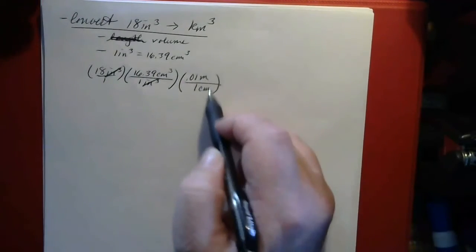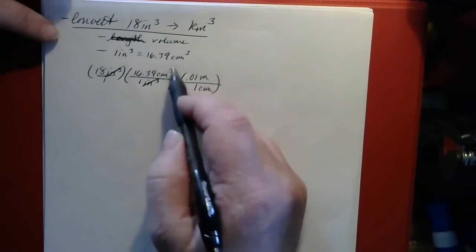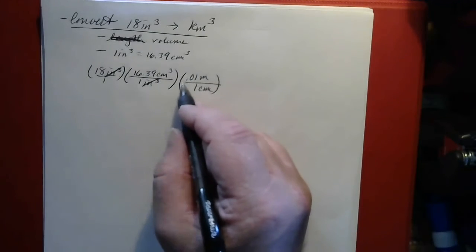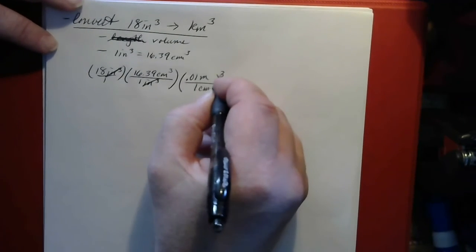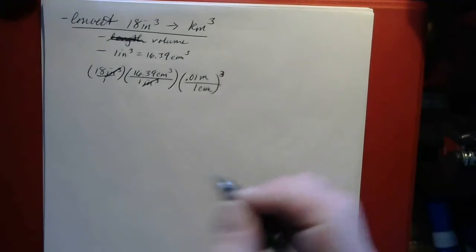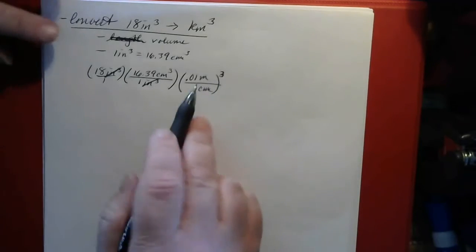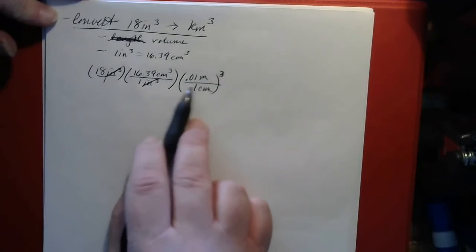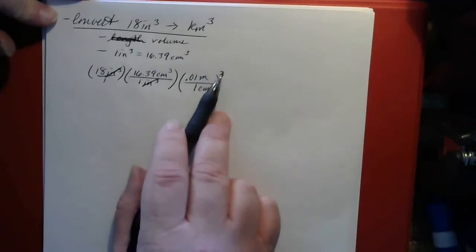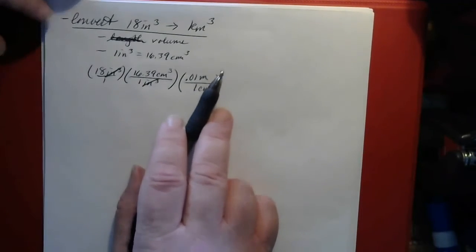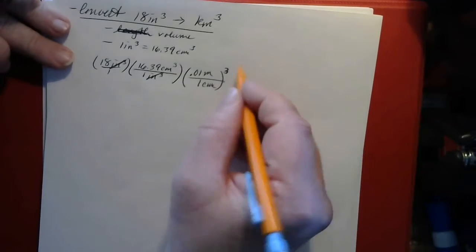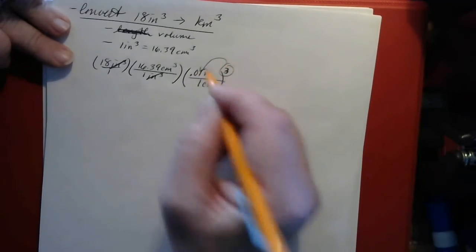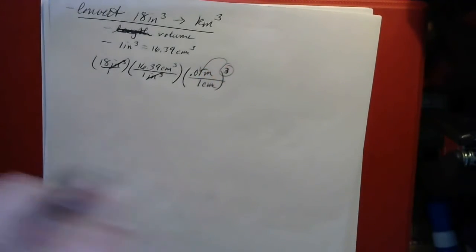But these are one-dimensional units, and these are 3-dimensional units. And so the way to get this conversion factor to work out so the units cancel is to cube the entire conversion factor, because these dimensions inside this conversion factor have not been cubed yet. So the 3 goes on the outside of the parentheses, and you have to remember that everything inside the parentheses still needs to be cubed.